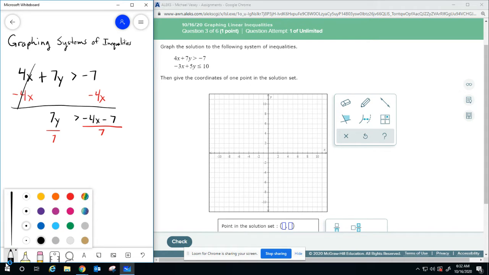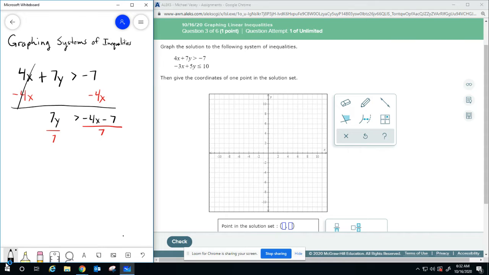So we'll have y is greater than negative 4/7 x minus 1. Okay, that one is ready to graph.